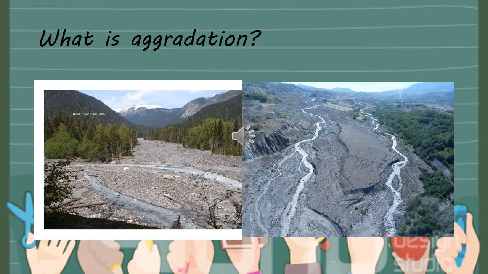So we can say that the wearing and tearing down of materials is known as degradation, and the filling up of basins and depressions with the help of those materials which have been worn down is known as aggradation. So aggradation is basically filling up the basins and depressions to make the surface level even, and degradation is the wearing and tearing down of landforms.